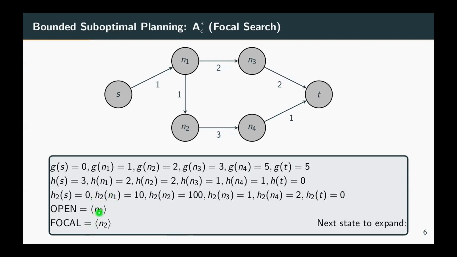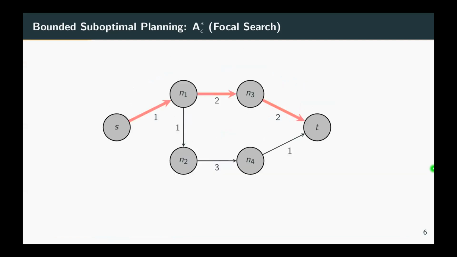And in this case, we have some remaining values in both of our open list and the focal list. Okay, and we found a path in this case, which is 5.